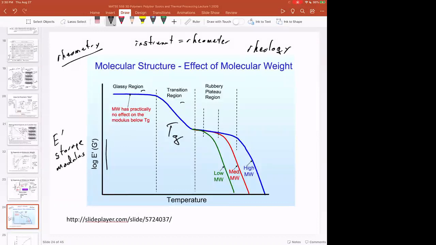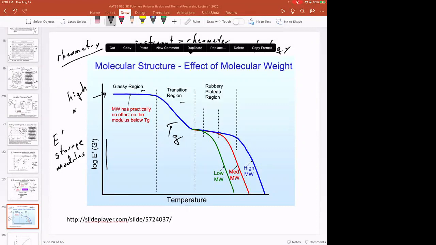But you notice that a glass is high modulus or hard. So when we say a glassy polymer, it's glassy. It's like glass, like window glass. You know, it's hard. A rubbery polymer has a lower modulus.